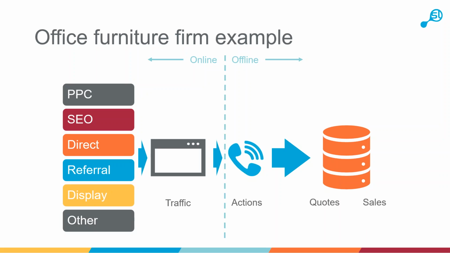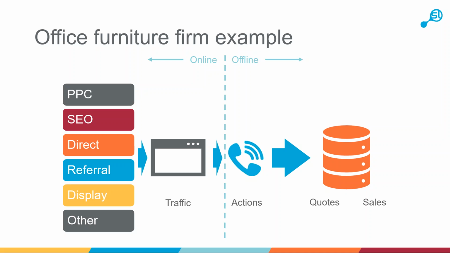To give this a little bit more context, here's an office furniture firm example. To the left-hand side, you can see these are the online touch points that we would always get visibility of. This particular example is an e-commerce business. You can transact online, but there are some transactions which occur offline over the phone at a later date.